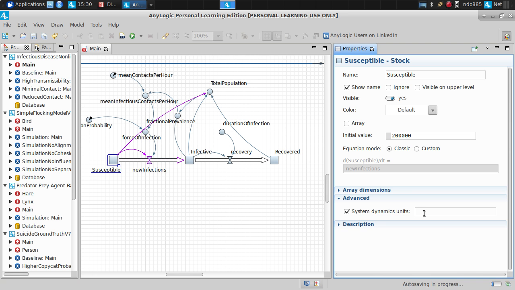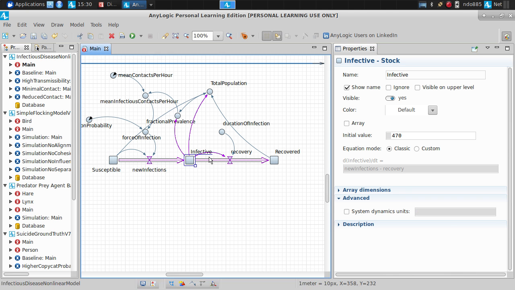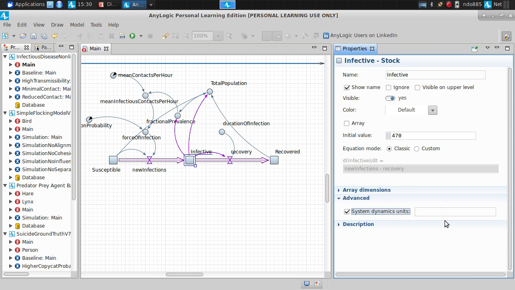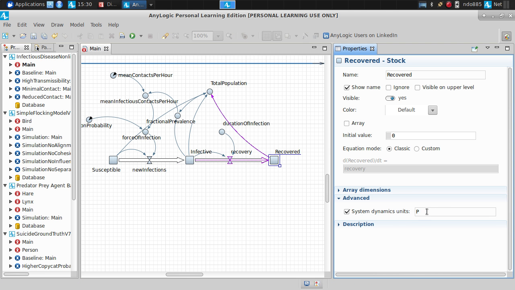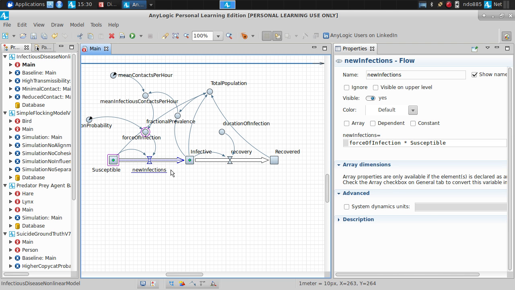Okay, so let's do that. System dynamics units. I'm going to say person for susceptible. And similarly for infective, we're going to say person. And for recovered, we're going to say person. Okay? So that's a good start. Now let's start getting down to the flows.